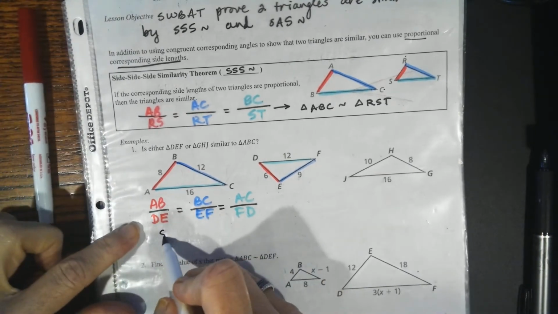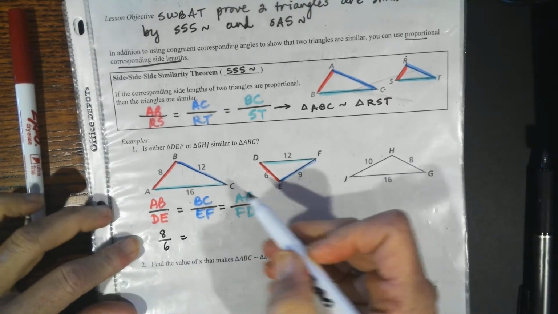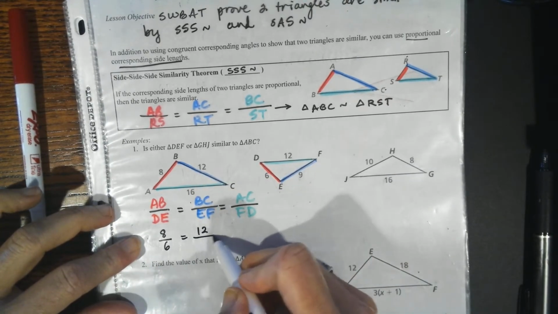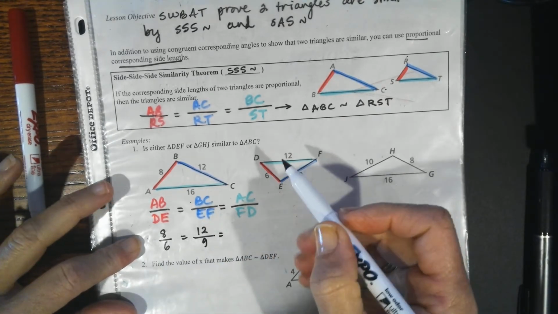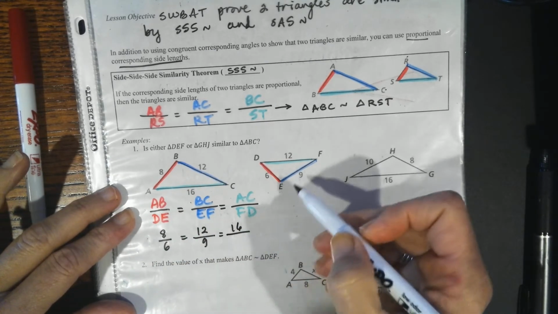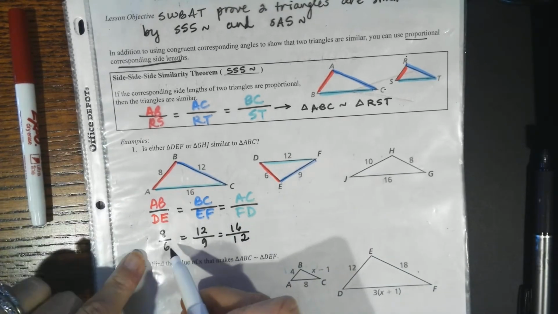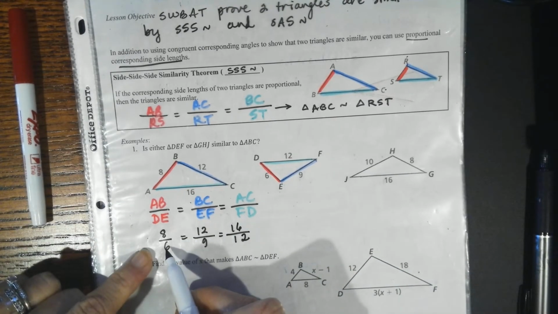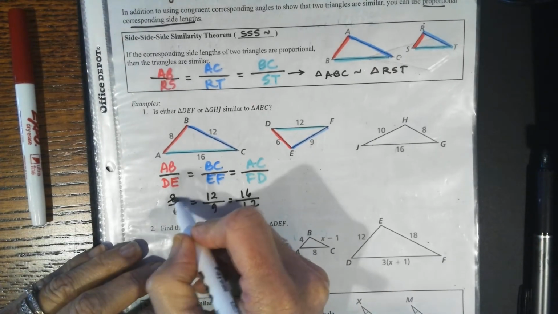So AB is 8, DE is 6, BC is 12, EF is 9, AC is 16, and DF is 12. So this reduces to 4 over 3.